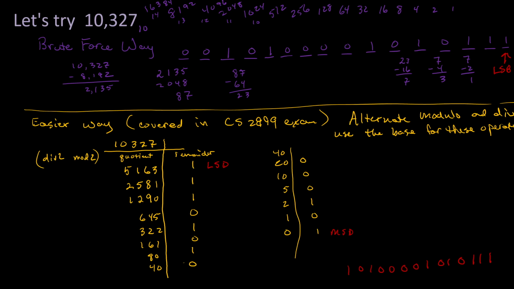Now I'll show you the true magic, which is going the other direction. Going the other direction, this is what I have. So what I'll do is multiply by 2. And then add.